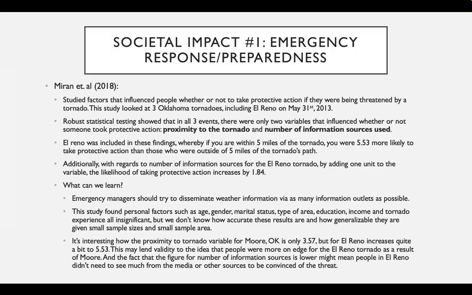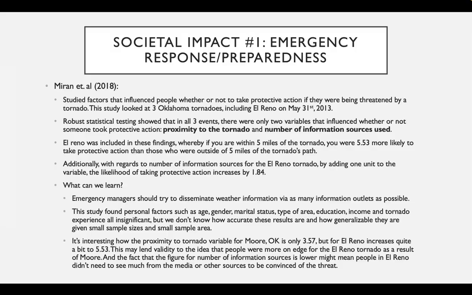And additionally, with every unit of adding another information source, your chance of taking a protective action would increase by 1.84.